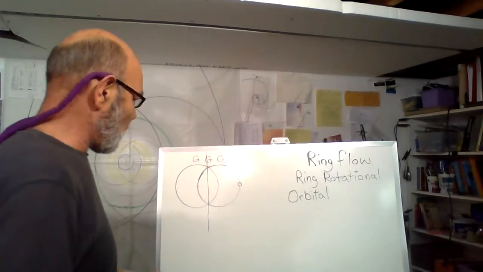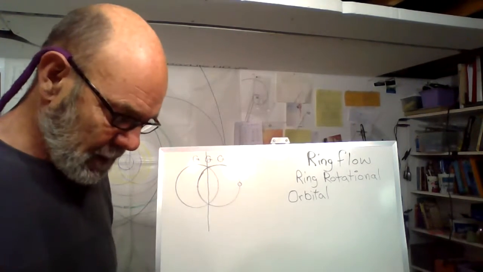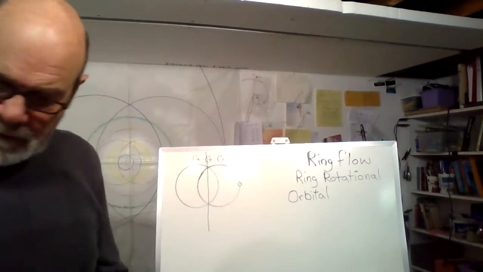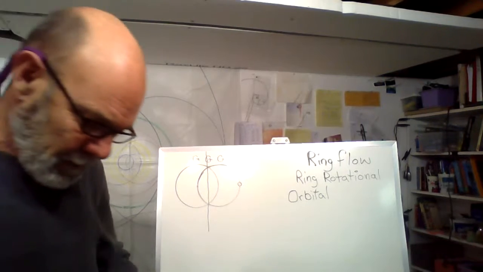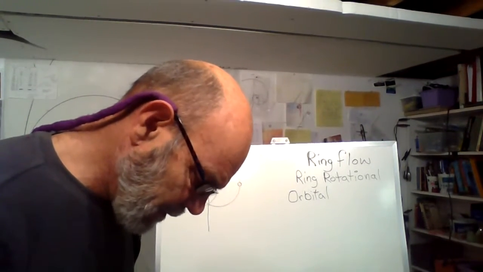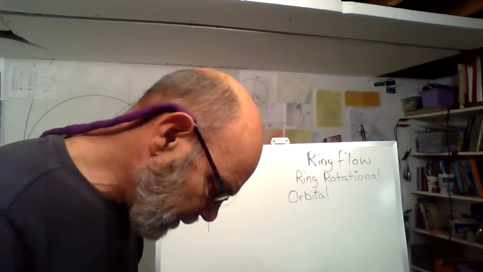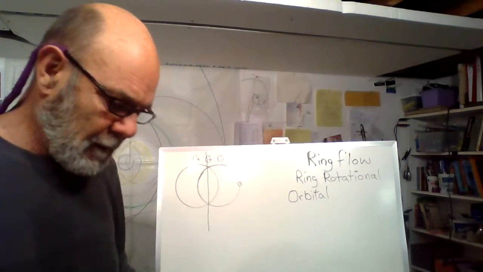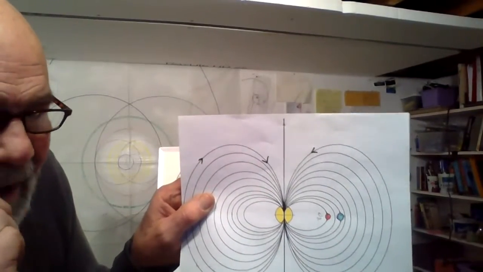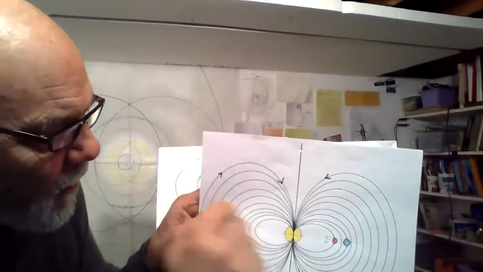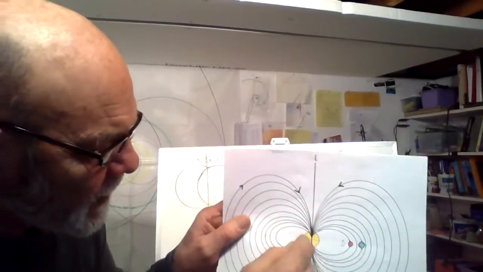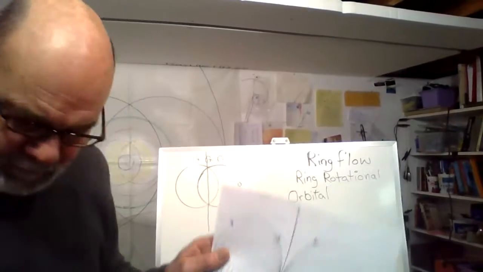Now, there's also known in magnetism that there's a flow. You look at depictions of the Earth, they talk about this flow inward like this. Outward, inward, outward, inward.